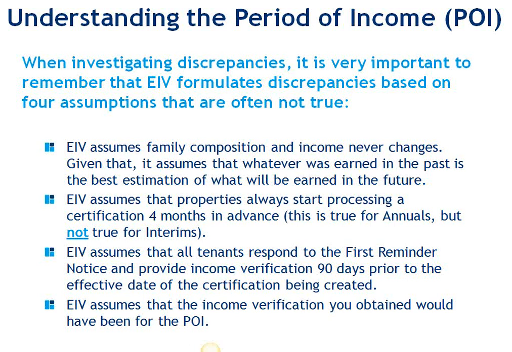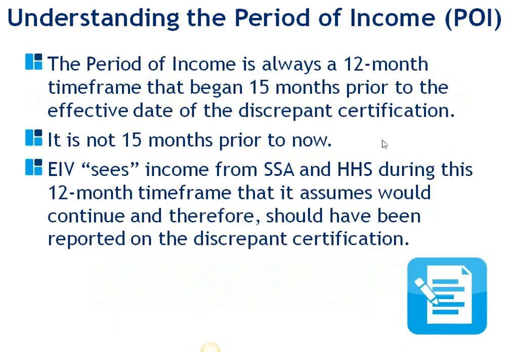Some of you guys might be like, whoa, I don't know what you're talking about, Jenny. I'm going to show you. Let me just repeat what the formula is. Period of income always equals the 12-month time frame that started 15 months before the cert and it ran for a 12-month period.